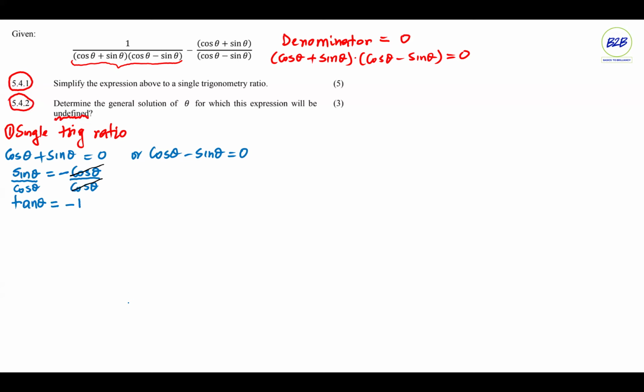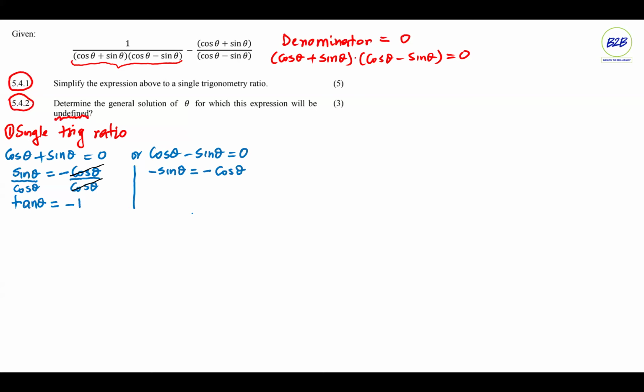All right. Moving along to the second trigonometric equation, cos theta minus sine theta equal to 0. We keep the negative sine on the left-hand side and take cos theta to the other side, so it becomes negative cos theta.